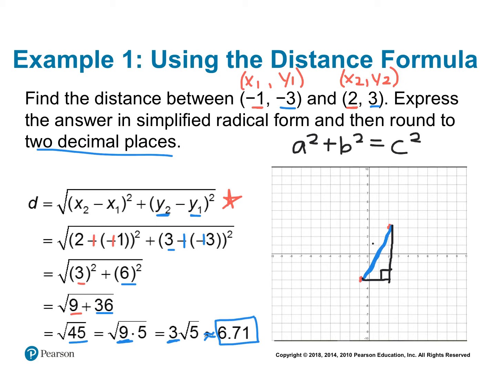In this case, c is going to be our distance, or our d, between the 2 points. So let's look at the two sides. We have a side of 3, so we'll call that A. So I could do 3 squared. Then my other side is 1, 2, 3, 4, 5, 6 tall. We'll call that our B.